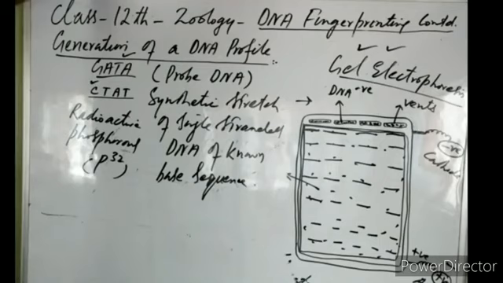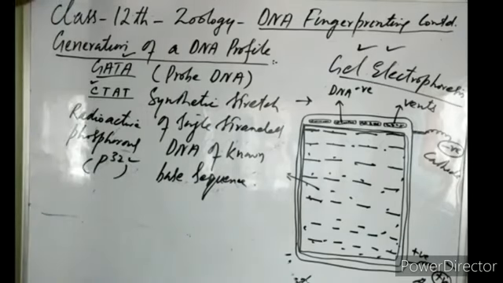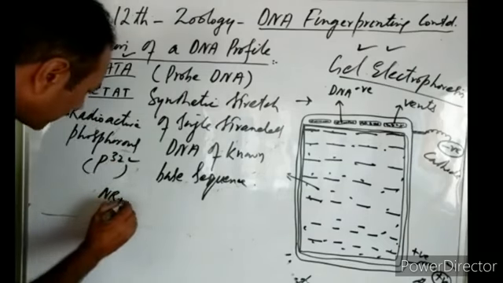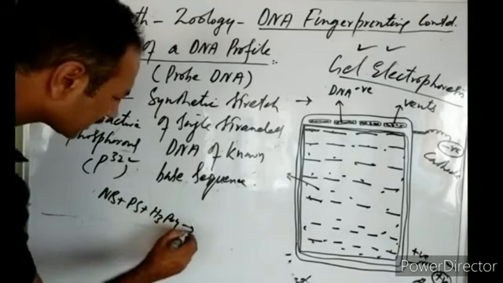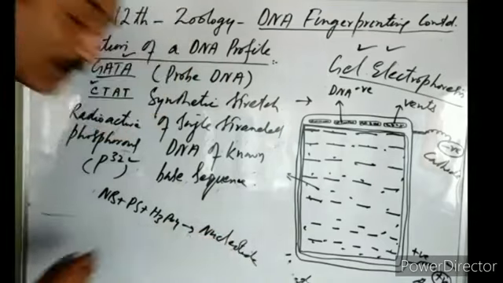But that phosphorus is made radioactive. They take the radioactive phosphate, the phosphorus-32 isotope. So when they combine nitrogenous base plus pentose sugar plus phosphoric acid, they will make a nucleotide.